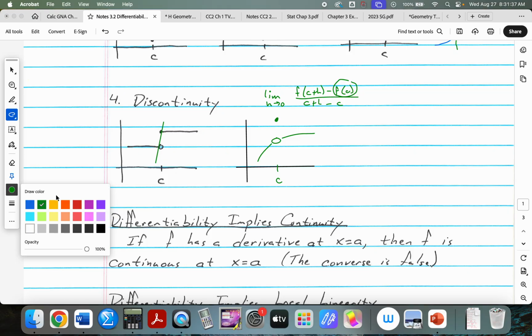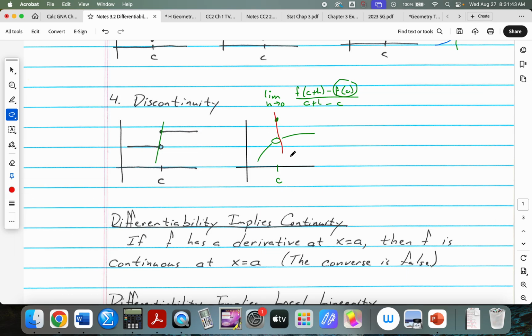If I look at the slope over here, very much a negative slope, and it looks like it's getting larger and larger the closer I get to c. And from the right, I get positive slopes. Those slopes are not going to agree with one another. So if there's any kind of a discontinuity, then the derivative isn't going to exist.